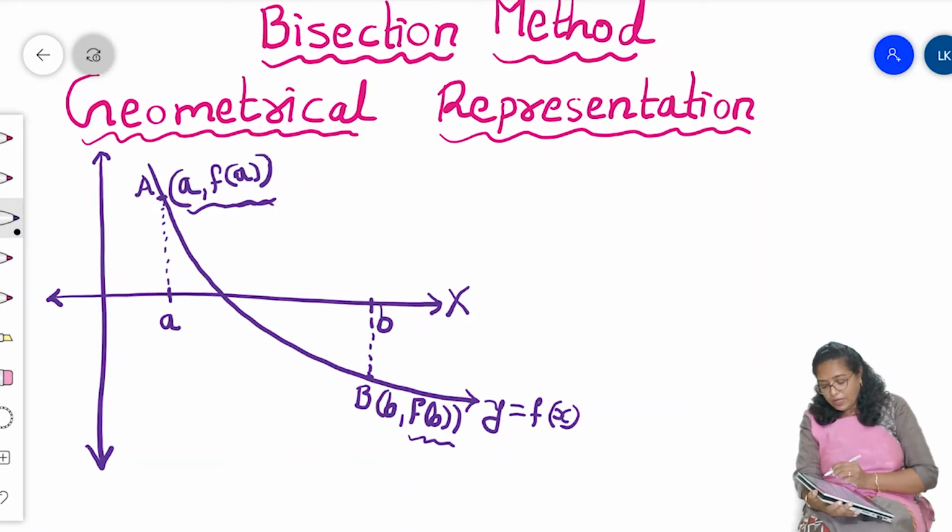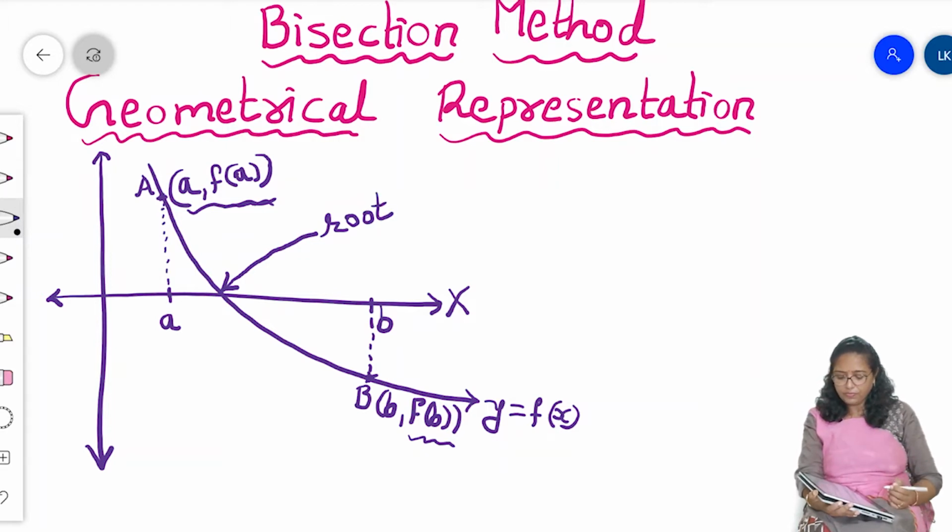If we join points A and B, the line always intersects the x-axis, and this intersection point is our root. In the bisection method, our aim is to find this intersection point on the x-axis.